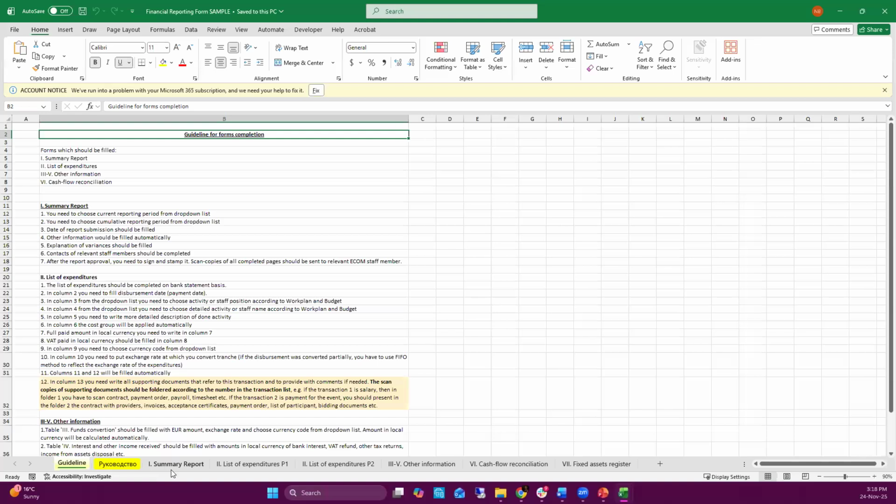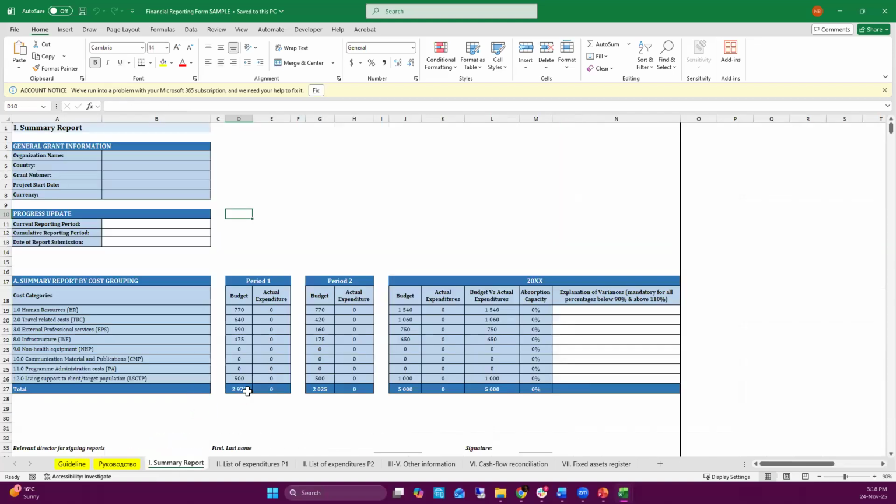Then we have the summary report, and most of it is filled out automatically. All you need to do here is to fill out these fields, like entering the reporting period and date of the report submission, and if needed and if it's applicable to your particular case, just describe the variations above or below 10% of the budget.